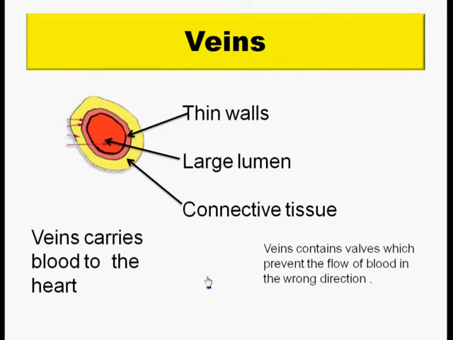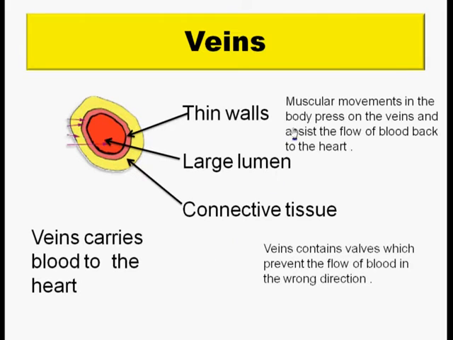Wrong direction. So veins do have what? Valves. Now, note this, muscular movements in the body, like if you bend your foot or you straighten your legs, will press on the veins and assist the flow of blood back to the heart. So muscular movements in the body help the veins to carry blood back to the heart.